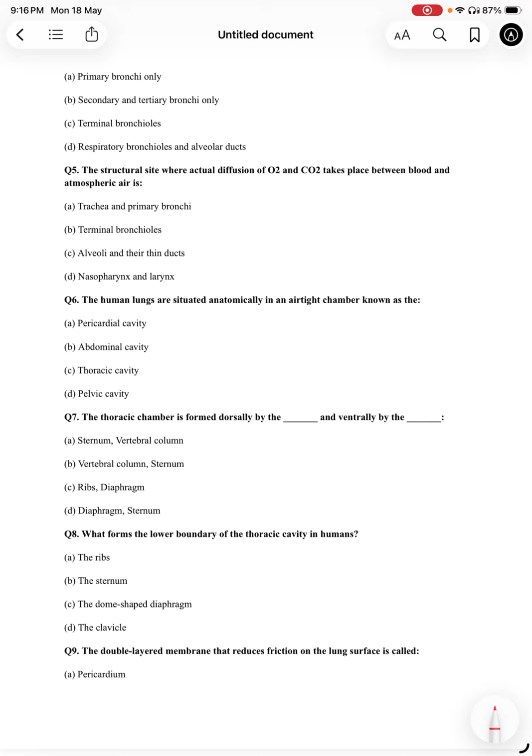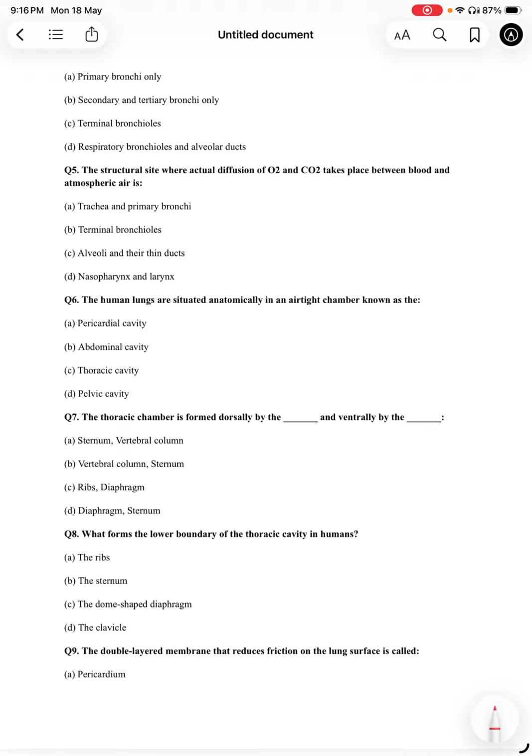Why is it supporting till the terminal bronchioles? This is to prevent the airway from collapsing, basically due to the negative pressure of inspiration. These structural rings are not there in respiratory bronchioles and alveolar ducts.